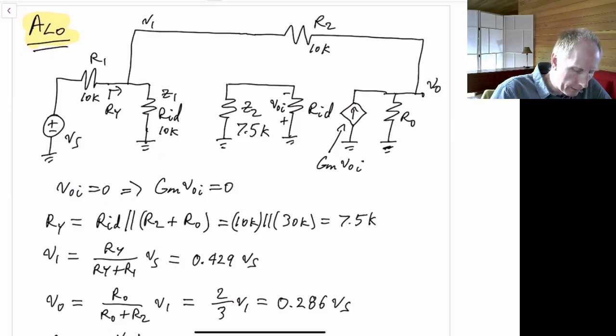And now we can substitute this V1 into here, and we have that Vout is equal to 0.286 times Vs.